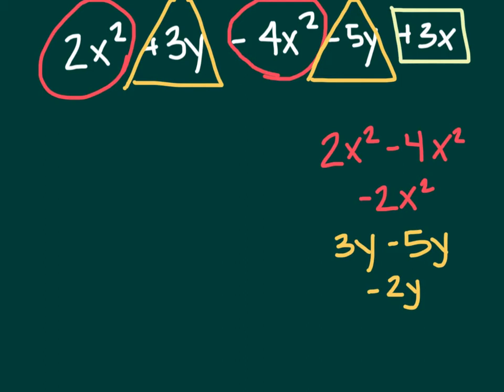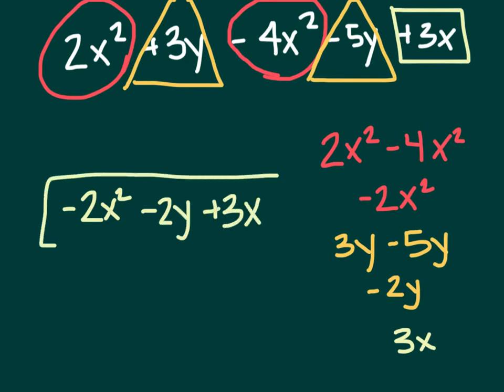And 3x can't simplify any further. So my final answer would be negative 2x squared minus 2y plus 3x. Again, if you wrote this in a different order, that's perfectly fine. You just have to make sure that you have the correct sign in front.